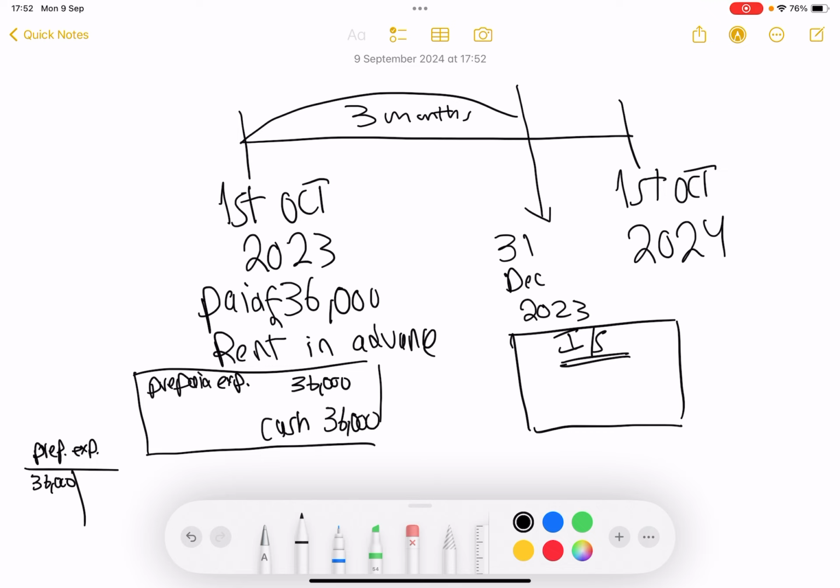So at the 31st of December, we're going to record that prepaid expenses decreased by 3 months, which is 9,000. And also expenses incurred, expenses debit, would be 9,000. So what happened here?